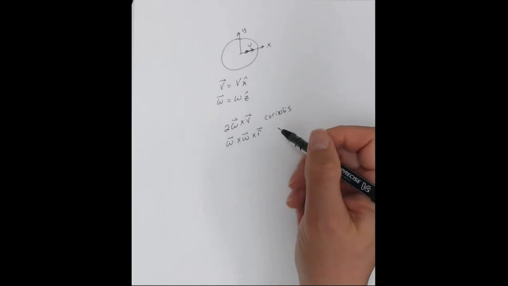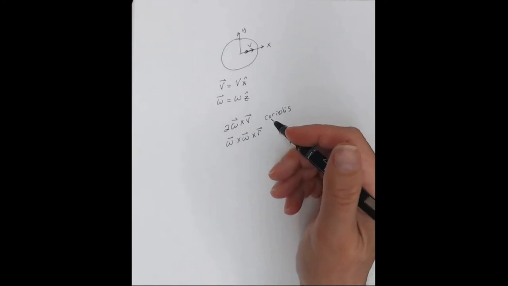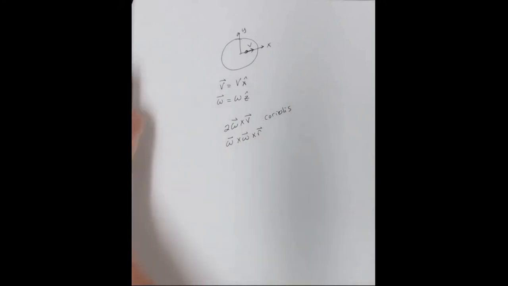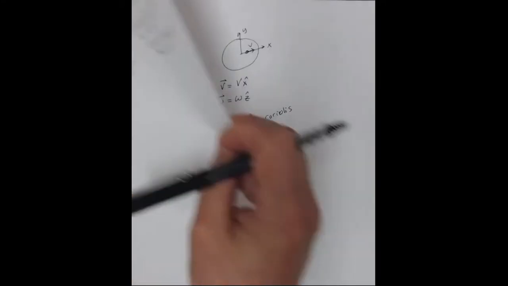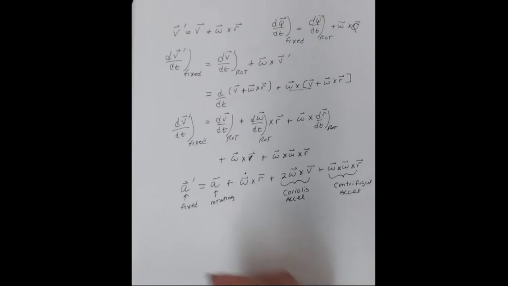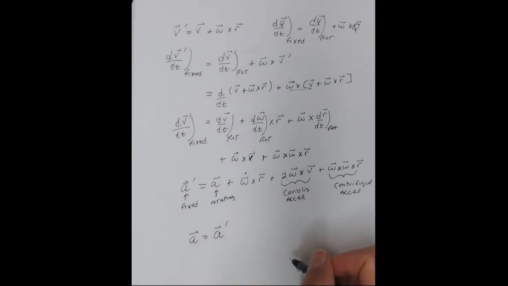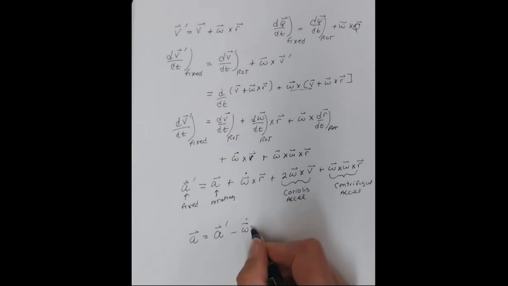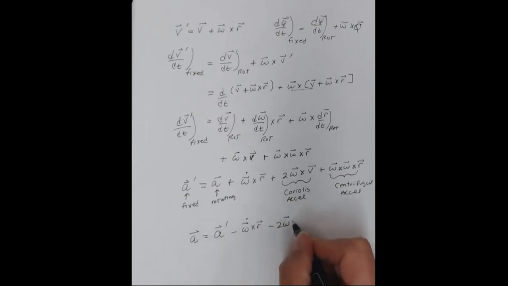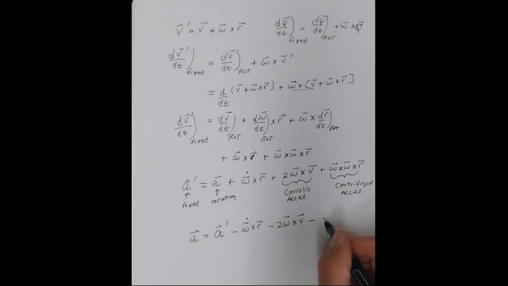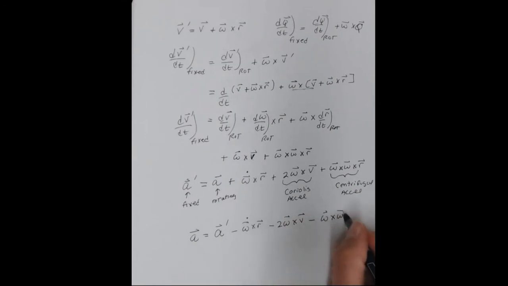Now, if we're asking about the apparent or fictional accelerations that the bug actually feels, let's go back to this. The acceleration seen from the rotating frame would be the acceleration as seen from the fixed frame, then minus omega dot cross r, minus 2 omega cross v, minus omega cross omega cross r.